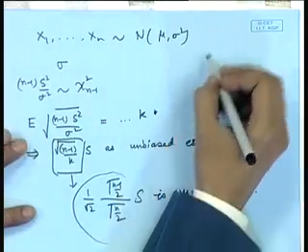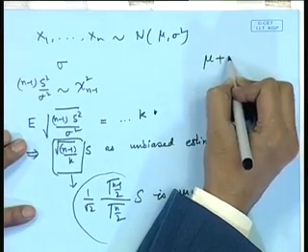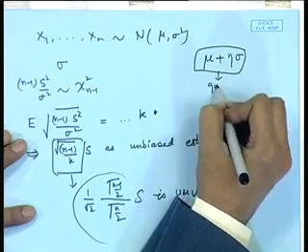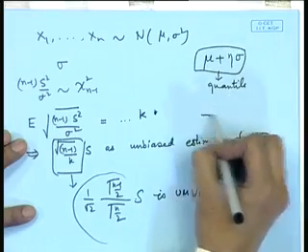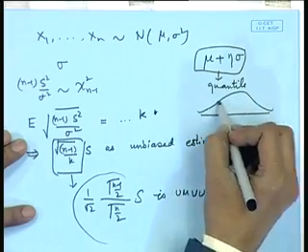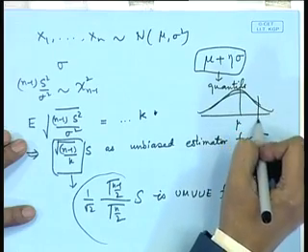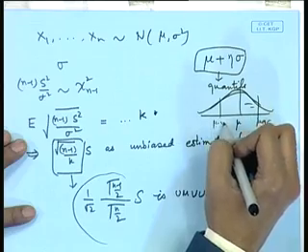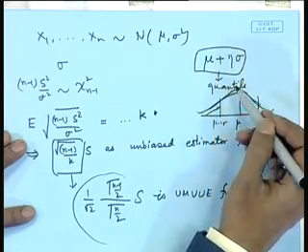Now, suppose we are interested in a parametric function, say mu plus eta sigma, which is nothing but a quantile. Quantiles are locations on the distribution, we have defined it earlier. So, suppose this is the normal distribution mu. So, mu plus eta sigma may be a particular quantile, mu minus eta sigma may be another quantile, etcetera, and we may be interested to find a UMVUE of this.